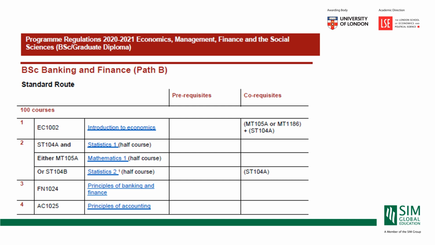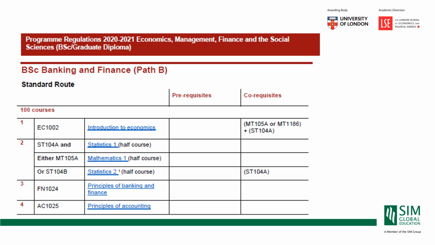The second course will be ST104A, which is a half-unit course, and one of the following 2 half units, MT105A, Mathematics 1, or ST104B, Statistics 2. Now, I want to tell you that you should never combine ST104A and ST104B if you have never done a substantial level of statistics at A level, okay?